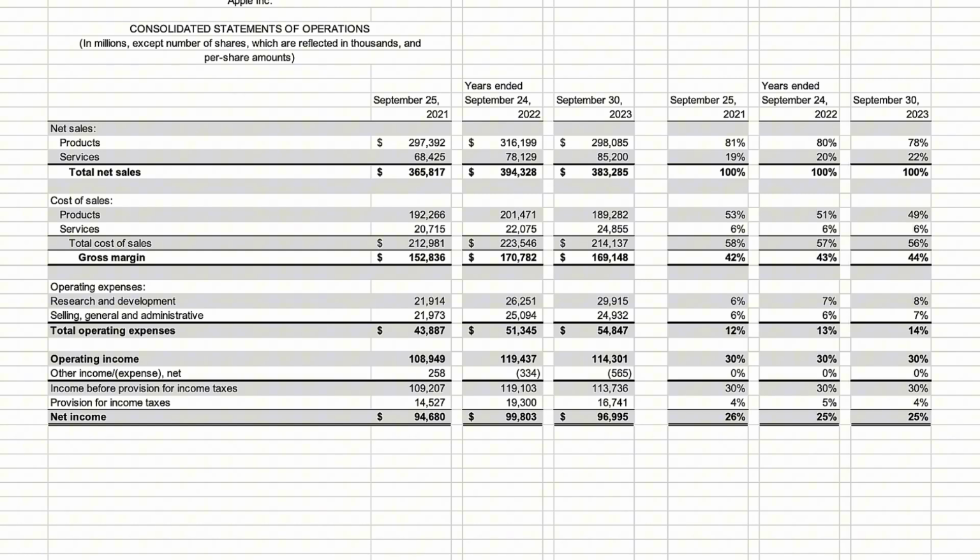So if we take a look at the previous years, so September 2021, September of 2022, you'll notice that their net income over sales, so their return on sales, roughly stays between 26 and 25%. That is a sign that Apple does a pretty good job making sure that its numbers stay relatively stable. Now it went down just 1 percentage point if you're rounding.